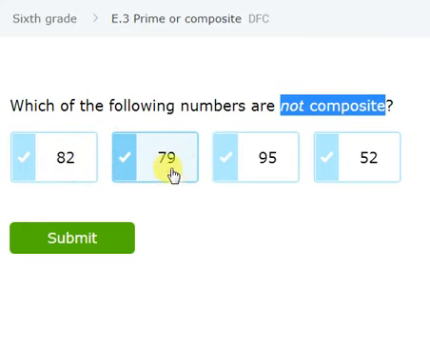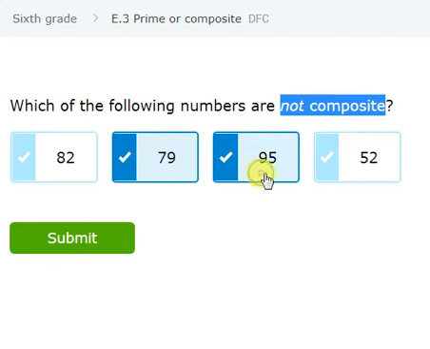The next one, if you apply the divisibility of 2, it is not a multiple of 2. If you apply the divisibility of 3, it is not a multiple of it, and it is also not a multiple of 5. That means it is a prime number, or it is not a composite number. So we have selected this.